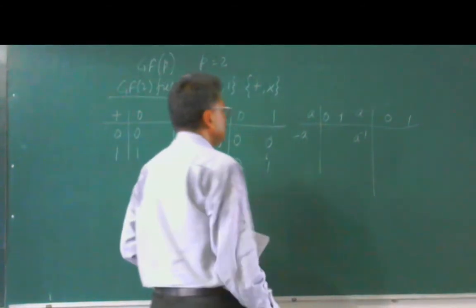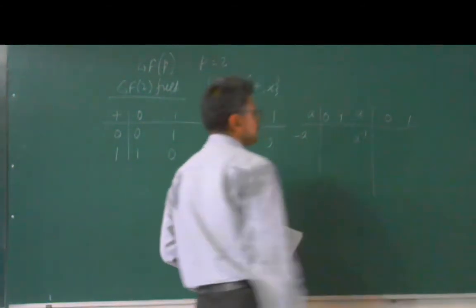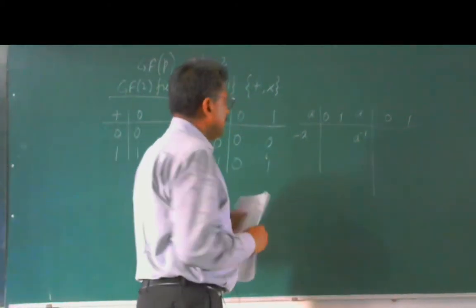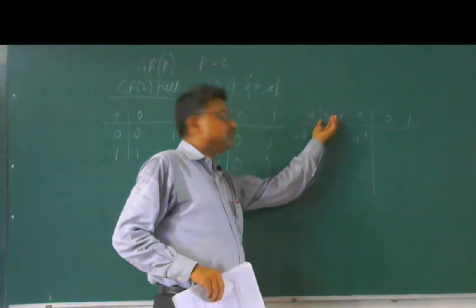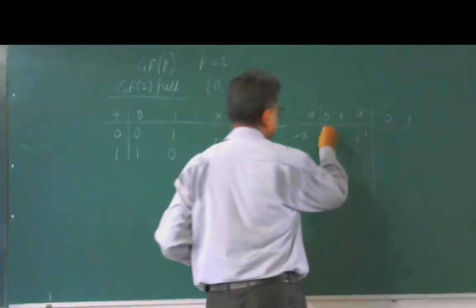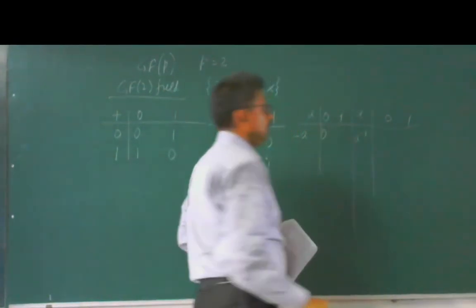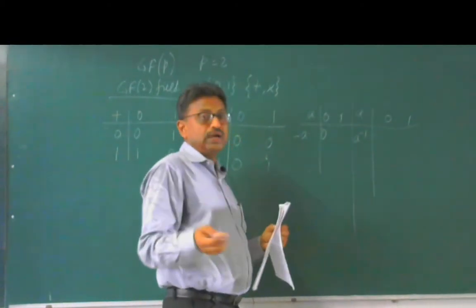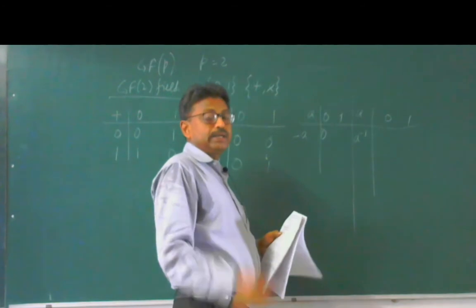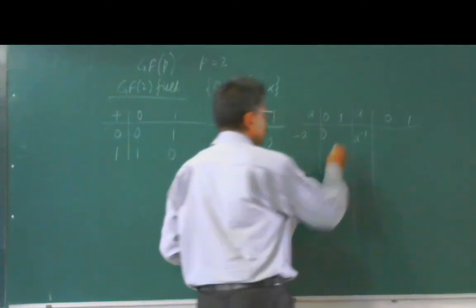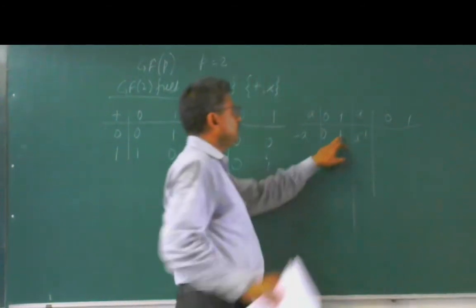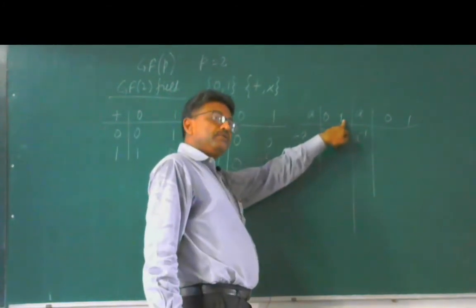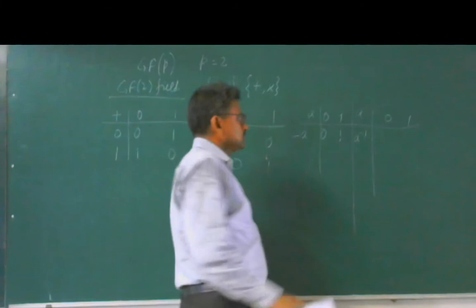What will be the inverse? What is the additive inverse of 0? What element will you add to 0 to get 0? Naturally it will be 0. And what will be the inverse of 1? What will you add to 1 so that you get the identity element, that is 0? It will be 1, because 1 plus 1 is equal to 2, and taking mod 2, that comes as 0.